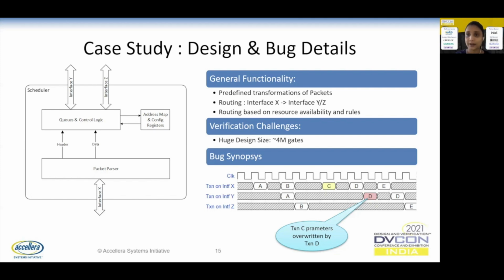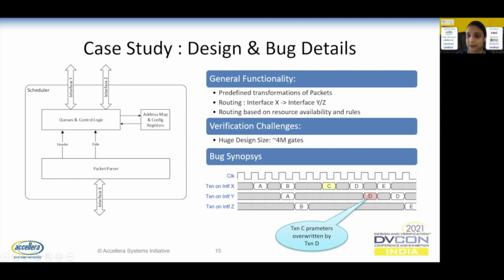To give you an idea of what the bug was, there is a representative waveform of the bug scenario where we see there are 5 transactions A to E going on interface X. Based on the internal rules, let's suppose transaction A goes to interface Y and transaction B goes to interface Z. Then the next transaction that we see on either of these two interfaces is transaction D. And again, transaction D comes on interface Y.